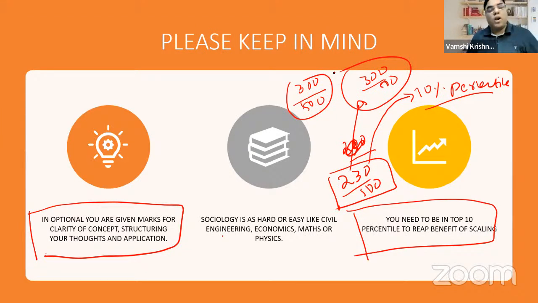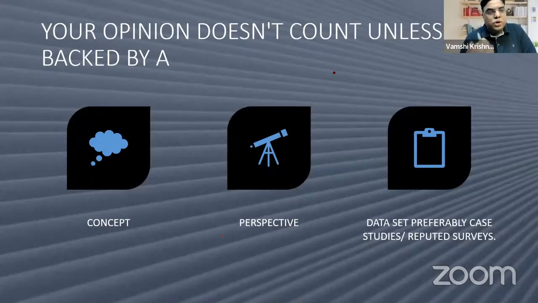UPSC has not revealed the formula of scaling, even after an RTI and a Supreme Court case. The Supreme Court has also ruled that to preserve the sanctity of the exam, it is not going to ask. So no matter what is the hardness level of this paper, please ensure that you are in the top 10 percentile of the aspirants that you are writing with. That will ensure that you will get good marks.